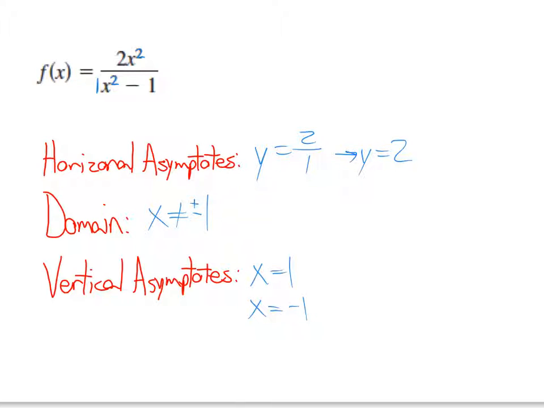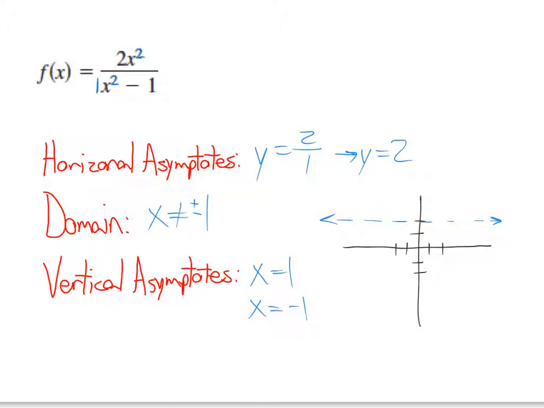Now, the reason why we identify this is so that we can sketch these. Our goal is to sketch these. When we're sketching them, the first thing that we ought to do is sketch our asymptotes. So I know I have a horizontal asymptote at y equals 2. There's a horizontal asymptote right there.